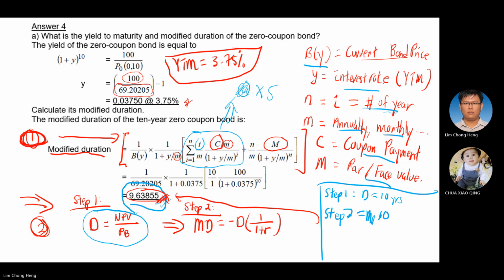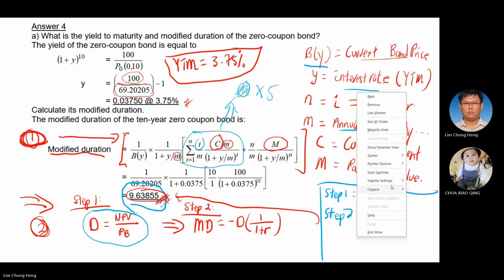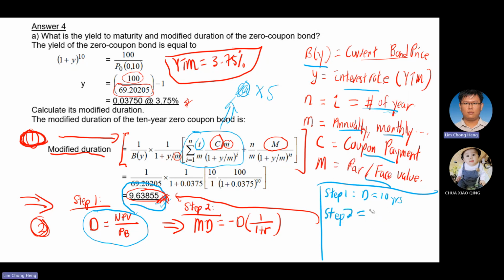Modified duration. My writing pad is not so sensitive in this area, so I changed to here. Okay, step 2. For modified duration, it is the duration divided by 1 plus R. Then you can get the answer.